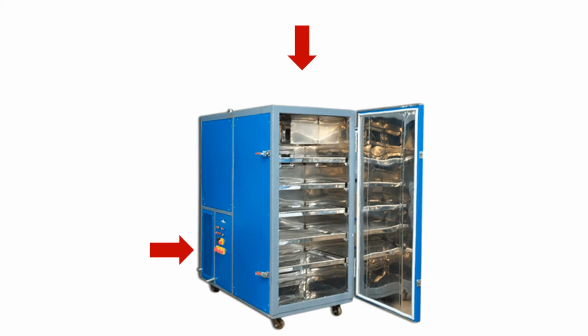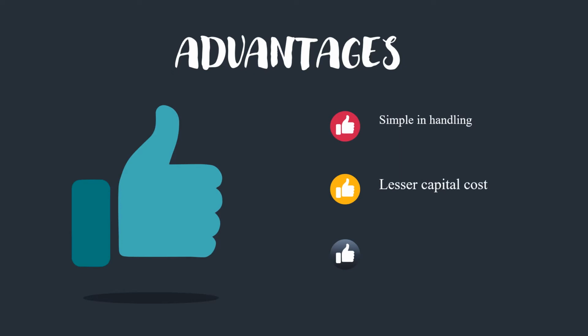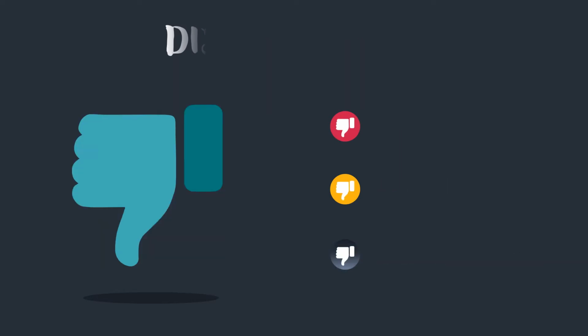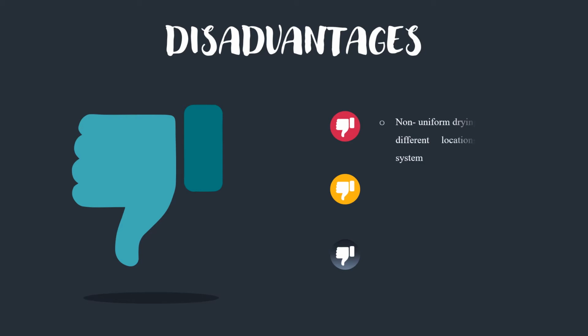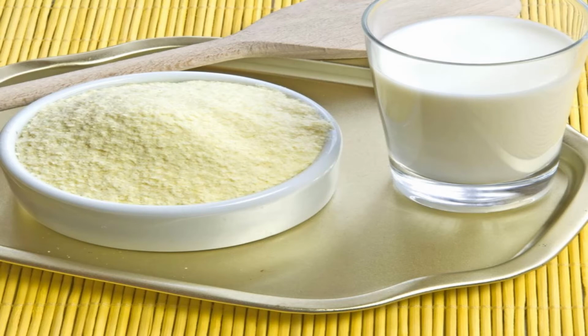Both airs are then recirculated into the chamber of the tray dryer between trays, so the material at the top and the bottom dry simultaneously. These are examples of food that were processed by using a tray dryer.